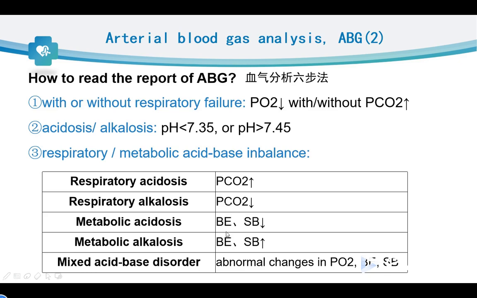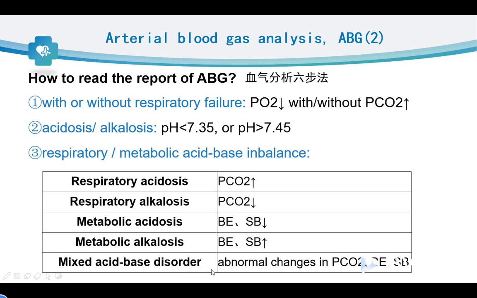And the data of BE and SB is associated to the metabolic acid-base imbalance. And if we find abnormal changes in all of the partial pressure of the carbon dioxide, BE and SB at the same time, there will be a mixed acid-base disorder.